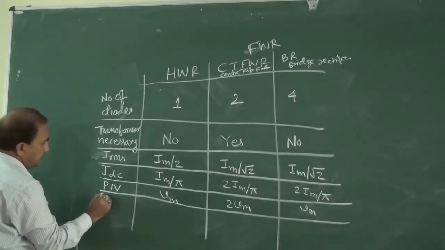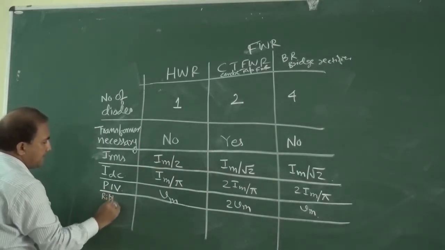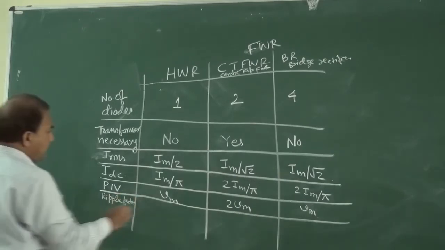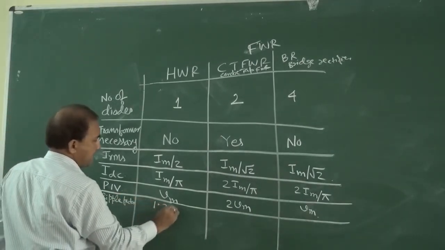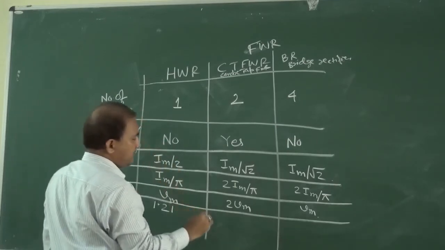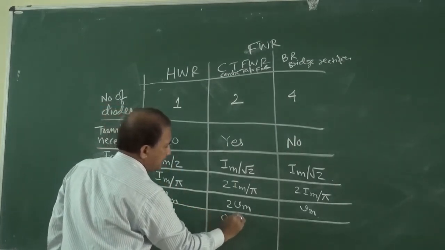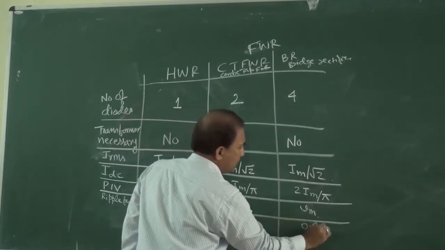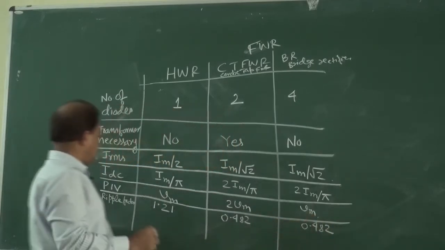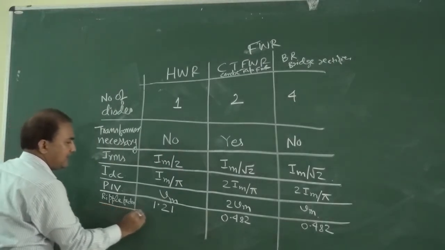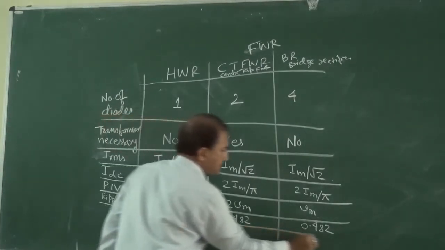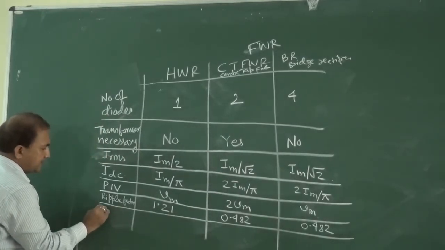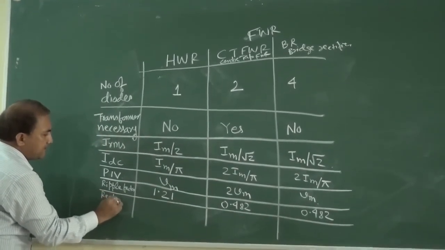Then we can write ripple factor: 1.21, and for center tap full wave rectifier it is 0.482. Again here it is 0.482. Then we will see the maximum rectifier efficiency.